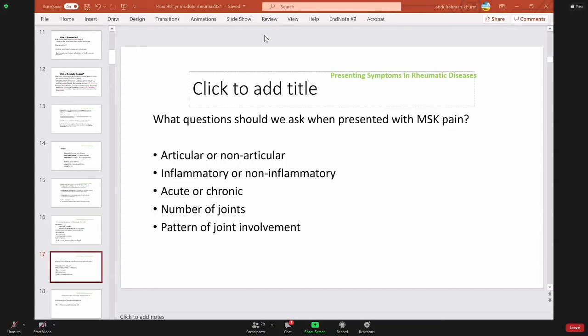So in general, you will need to take a systemic history that will lead to the explanation of the symptom and guide you to the diagnosis.